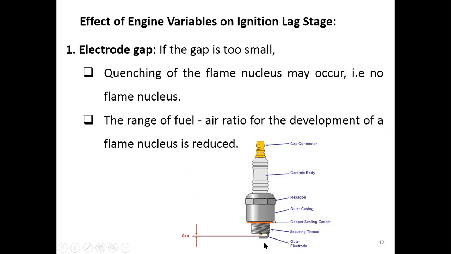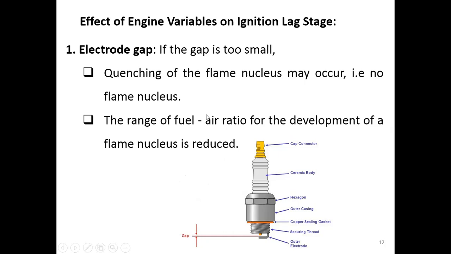Now, if this gap happens to be too small, what happens is you might have quenching of the flame nucleus. Quenching of the flame nucleus means you have no flame because the gap is just too small. So it sparks but there is no combustion, because no flame nucleus develops.